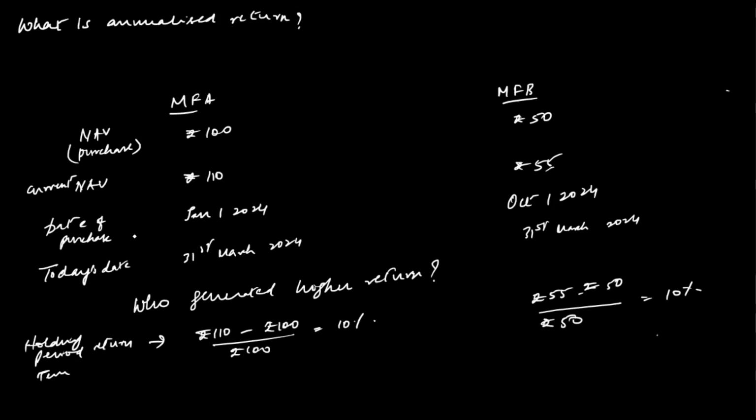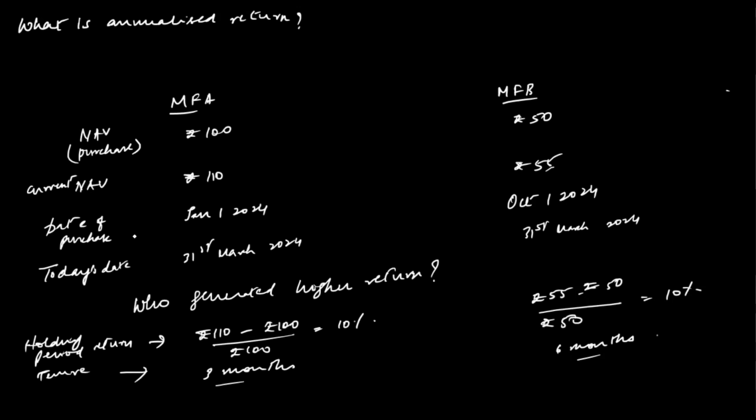But the tenure of investment differs. I invested for 3 months and you invested for 6 months. So there should be a common base to compare mutual fund returns. So I will convert this return for 3 months and 6 months respectively to 1 year return, right?